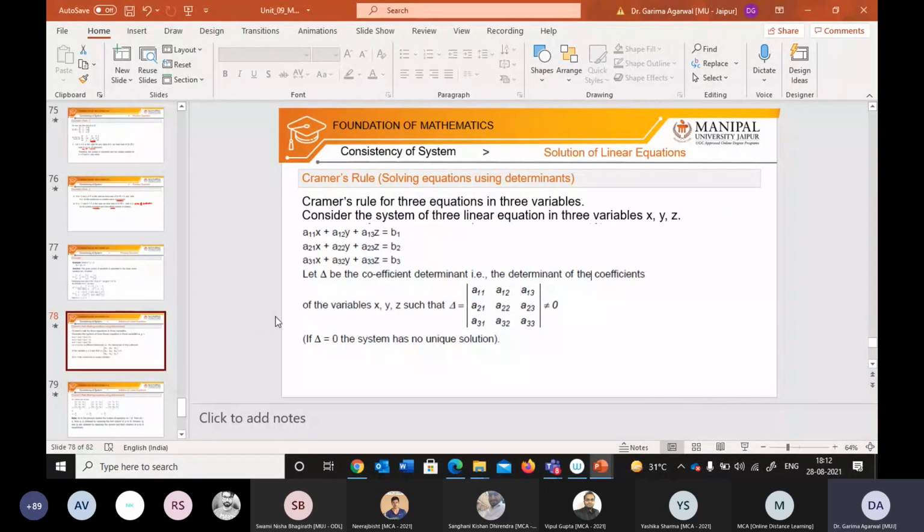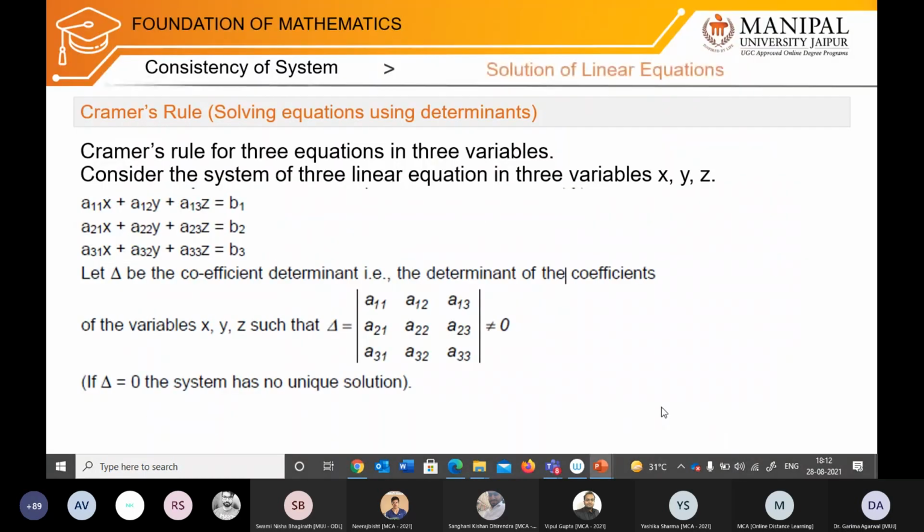So let's discuss Cramer's rule. We use this rule to solve the equations by using determinant form, right? Let's say we have this linear system of equations. First of all, we write all the coefficients in the determinant form.